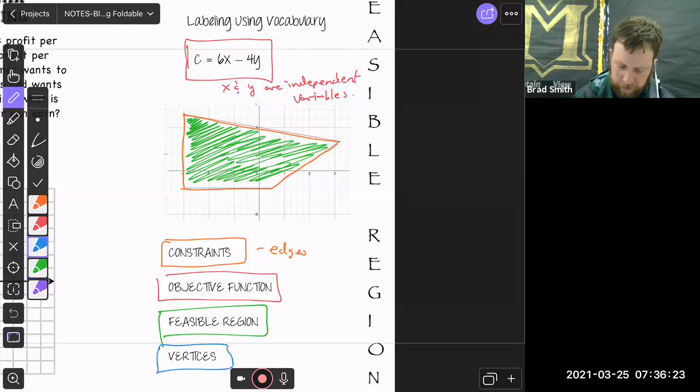And the vertices are your different corner pieces. Here's one, here's one, here's one, and here's one. We're looking at the different vocab so you know what I'm talking about. Here's where the different colored pencils or highlighters come in handy so everything's not gray.